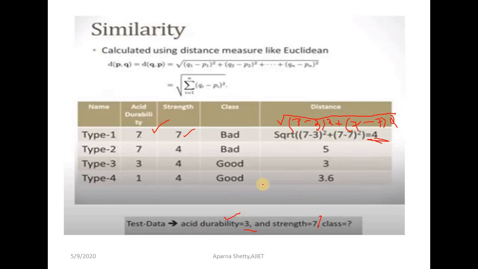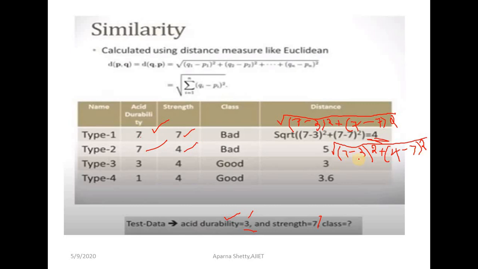Same way you will calculate the distance between the other training records and the test data. For example, for the second training record, calculate the distance as 7 minus 3 the whole square plus 4 minus 7 the whole square.